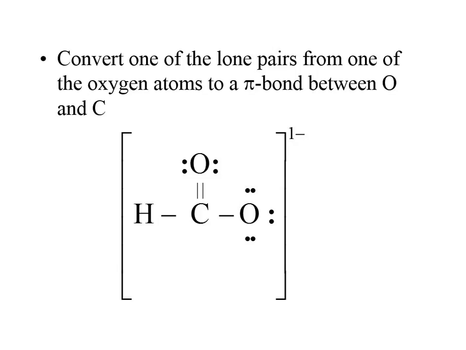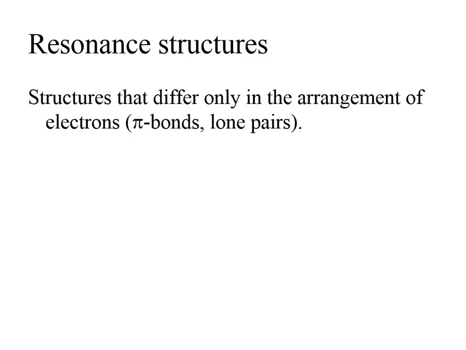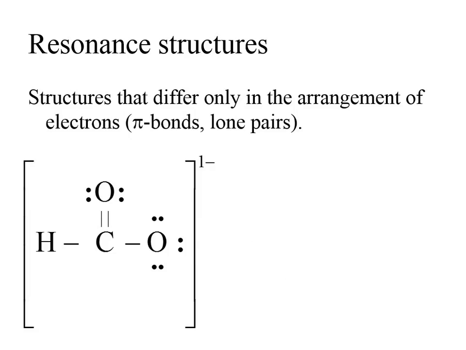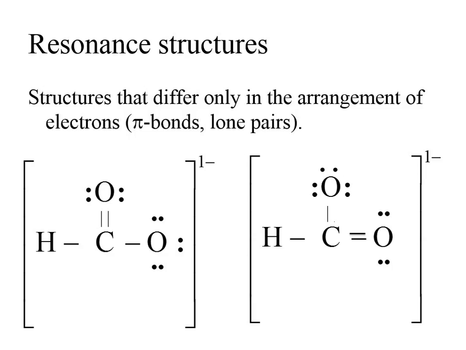But what if we swung not from the north one, but what if we swing from the east one? Is it a different structure? And the answer is yes. You're swinging from a different oxygen. So those are 2 different structures.